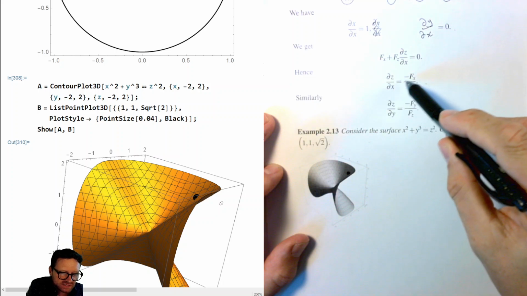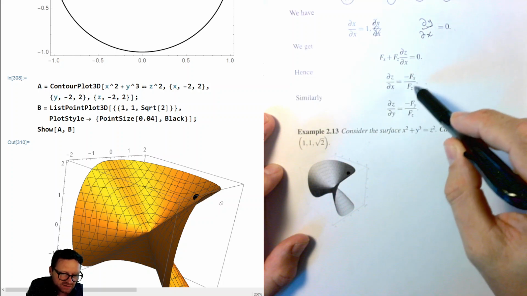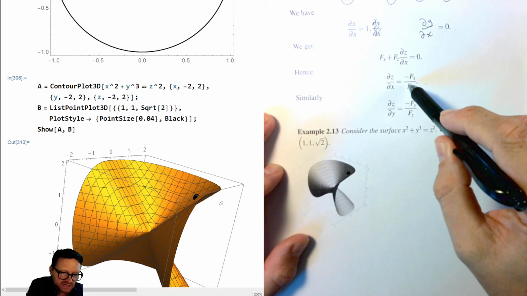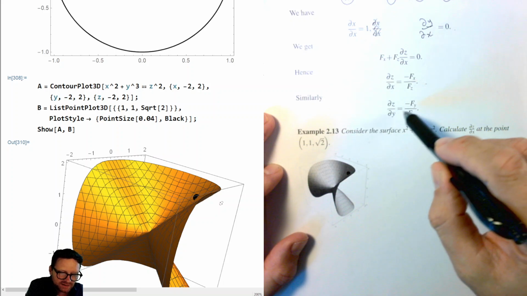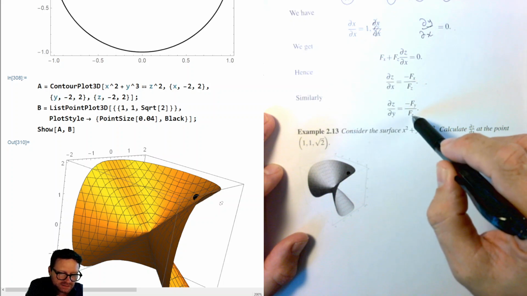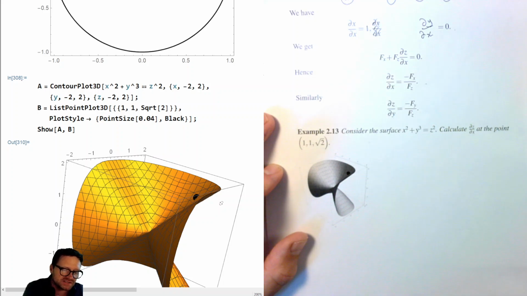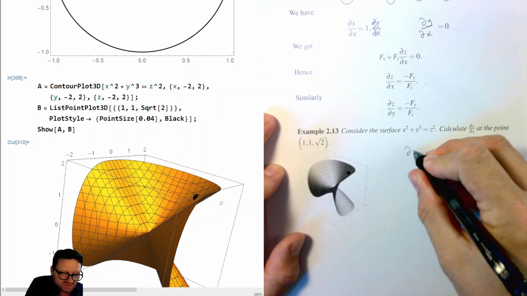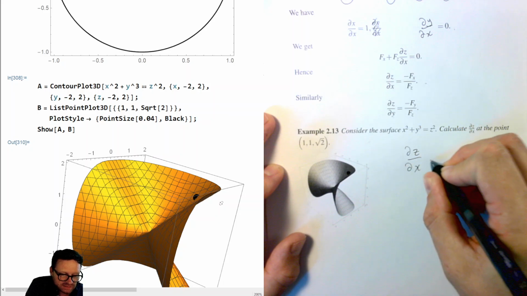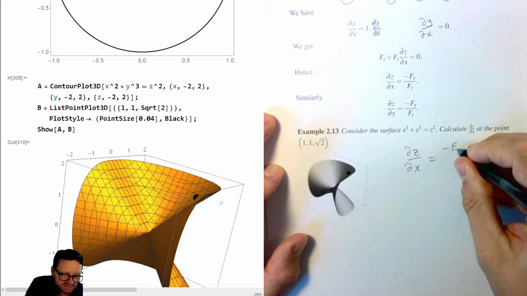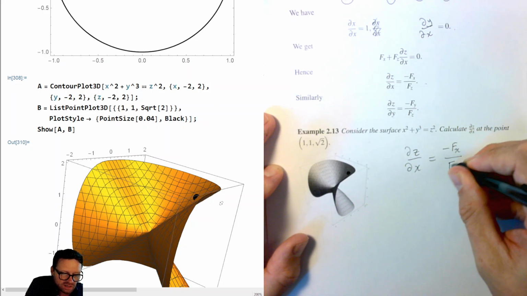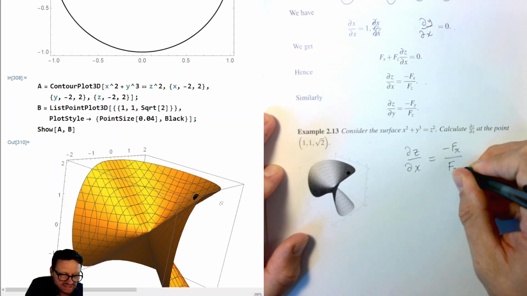Now notice the x and the x match across the diagonal, and the z match across the diagonal. Similarly here, y and y, z and z. Okay, so that's a way to remember it, and we have a minus sign in it. So we're going to use dz/dx is minus f subscript x over f subscript z.